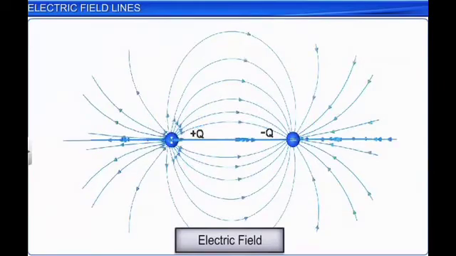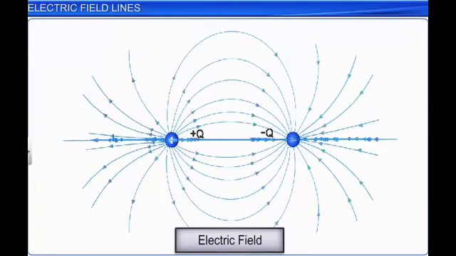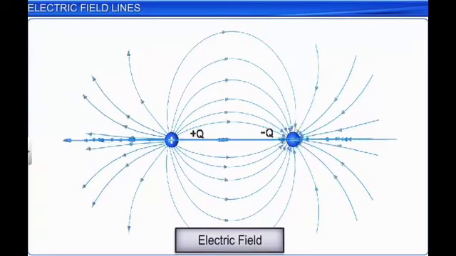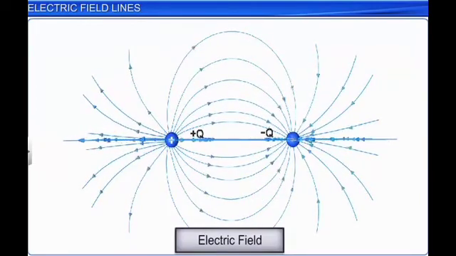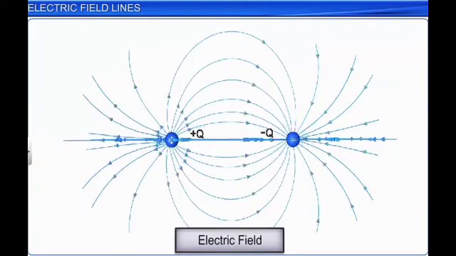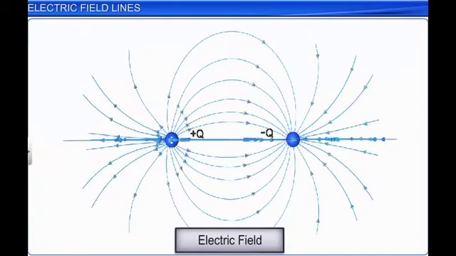The electric field lines also help us in visualizing the electric field of a dipole consisting of charges plus Q and minus Q. We observe that the electric field lines for an electric dipole are continuous lines extending from the positive charge to the negative charge. From the field lines, we see very clearly the force of attraction existing between the system of charges in the dipole.